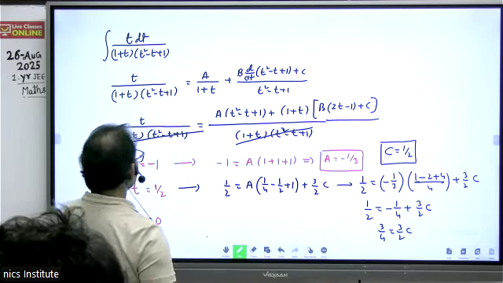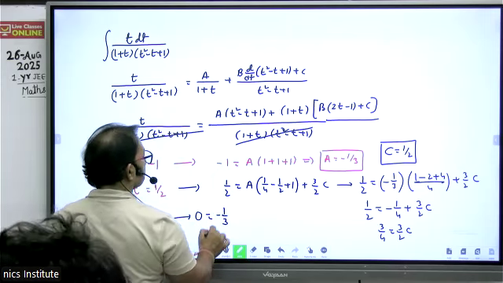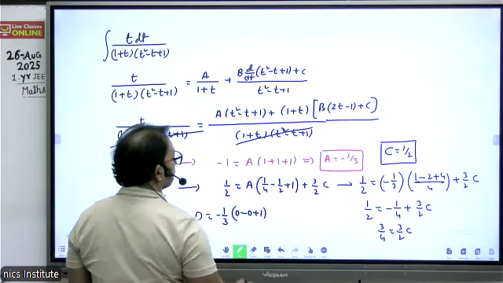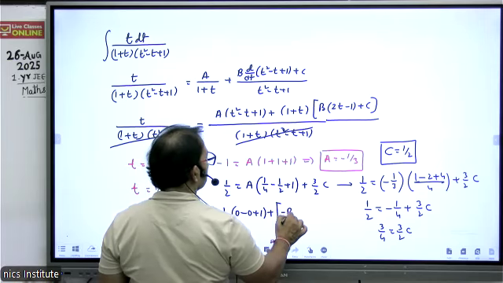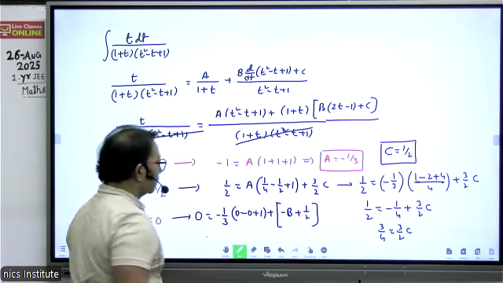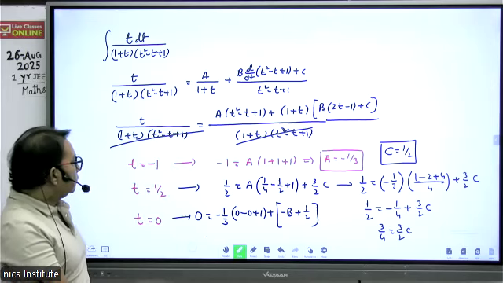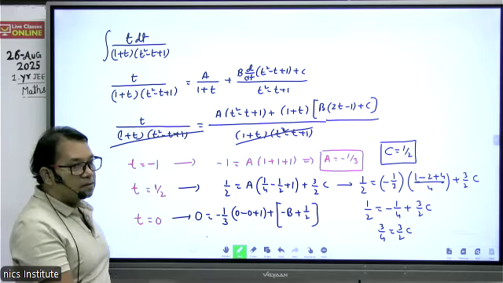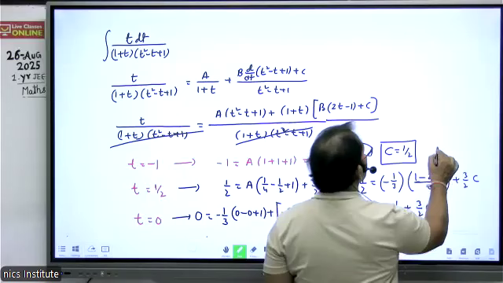And when you substitute t equal to 0, you get the value of B. B is 1 by 6. Yes, sir. We get all three values.